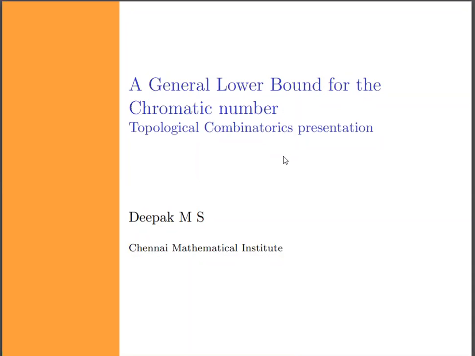In fact, the course that we are doing right now, topological combinatorics, this area of research originated from there. The interplay between topology and combinatorics was strongly presented through Lovász's paper. I think the title is somewhat like Kneser's conjecture, lower bound, something like that. If you want, I will share it.